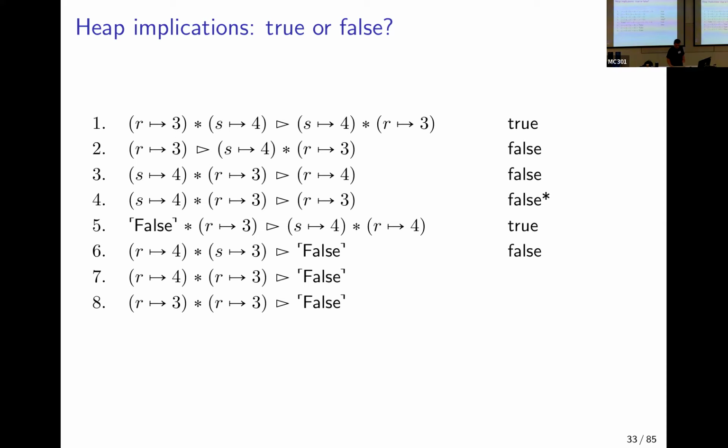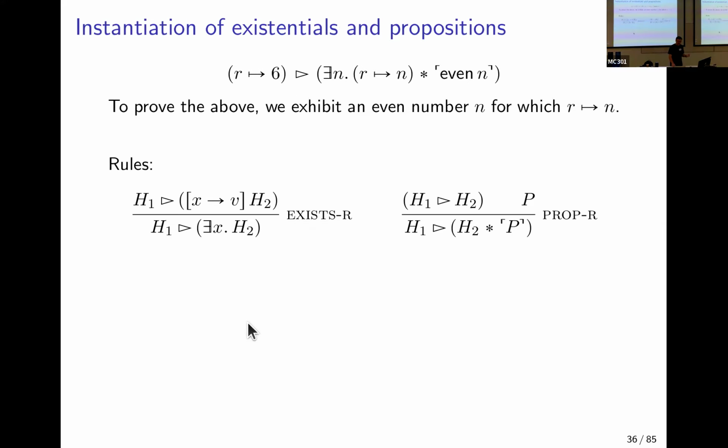Many more people. True, indeed, because you don't have a separation between R and R, so it's false. Plus the values are different, so it is even more false. But even if 4 equals 3, it is also false because it's not separated. Okay, very good, thank you.